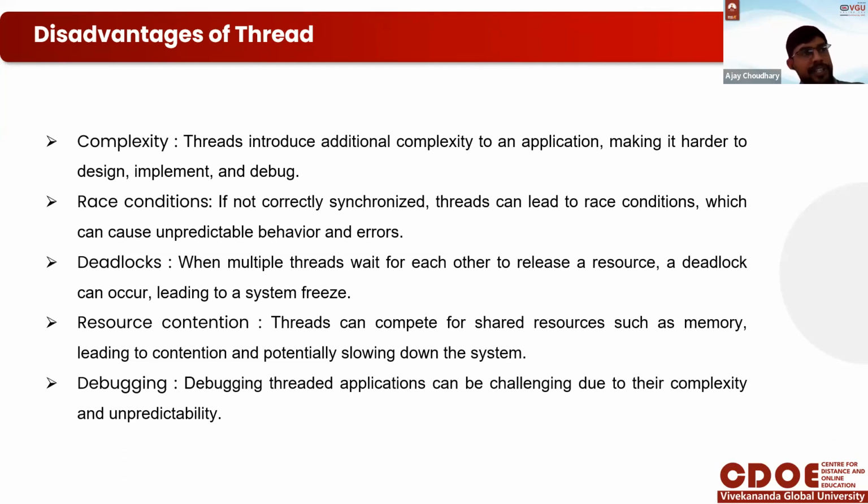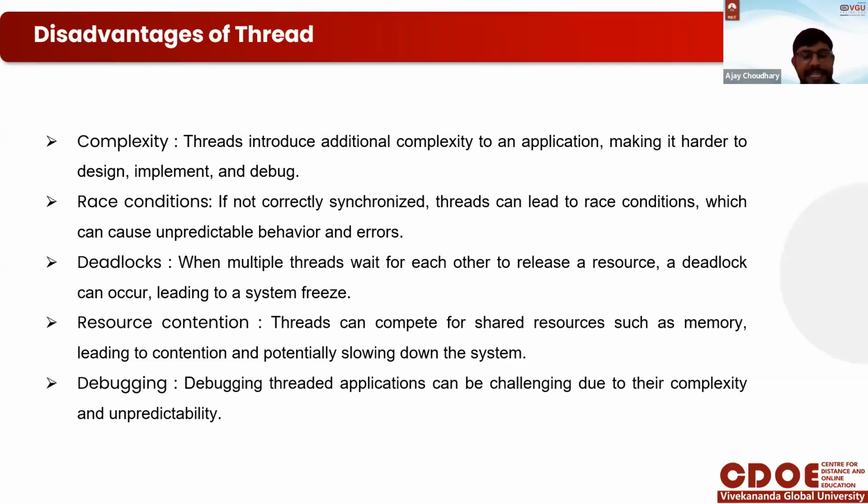One resource is occupied by one process and it is not released, and that situation goes into a deadlock. So a deadlock can occur, leading to a system freeze. System freeze means the system is not responsive at all after the situation occurs.